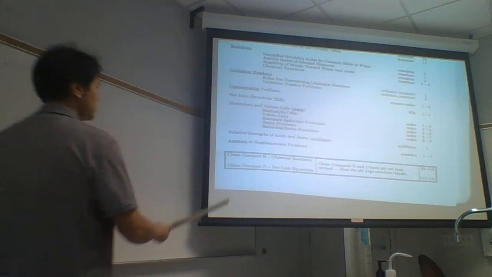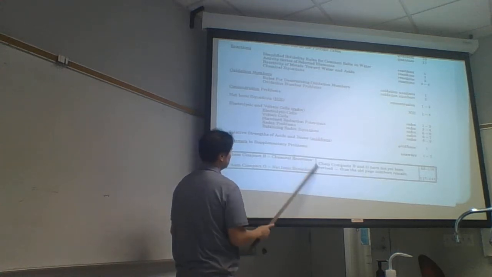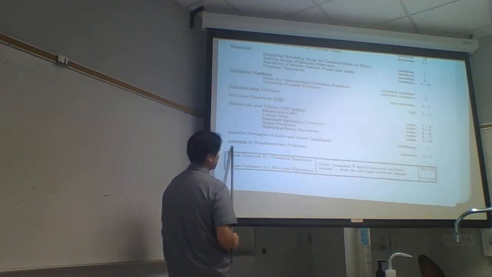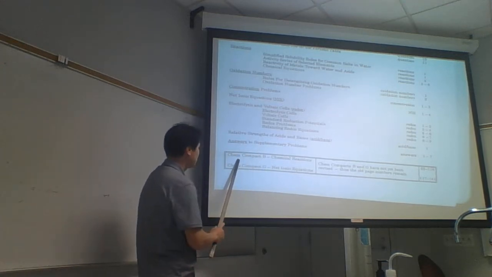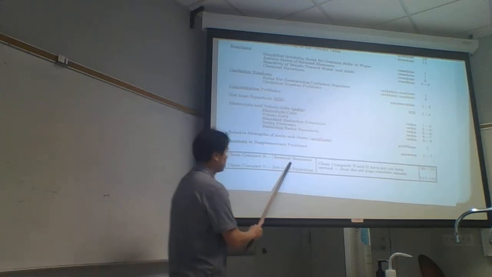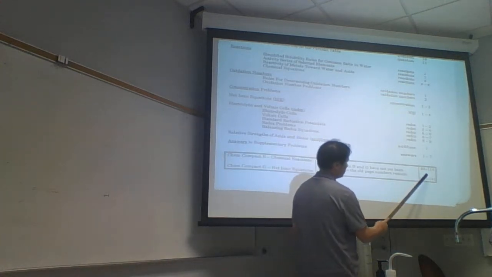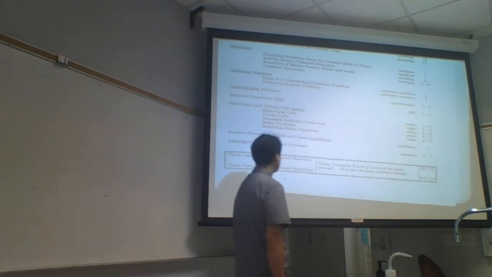Relative strengths of acids and bases, yes. We're going to be talking about these next section. Answers to supplementary problems, no. But this, Chem Compact B, chemical reactions. Chem Compact B is a chapter that was written. It's going to be pages 93 to 116, over 20 pages there.